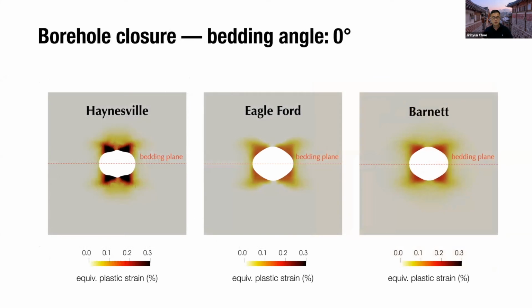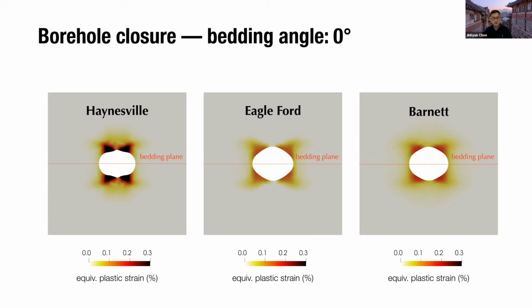Here is the borehole deformation behavior after 1 year. The three are simulated by different material parameters calibrated to Haynesville, Eagle Ford, and Barnett shales. And the contour shows equivalent plastic strain in percent. You can see that all the results show squeezing deformation, but the deformation pattern is not symmetric because of the bedding plane, in other words, because of the anisotropy.